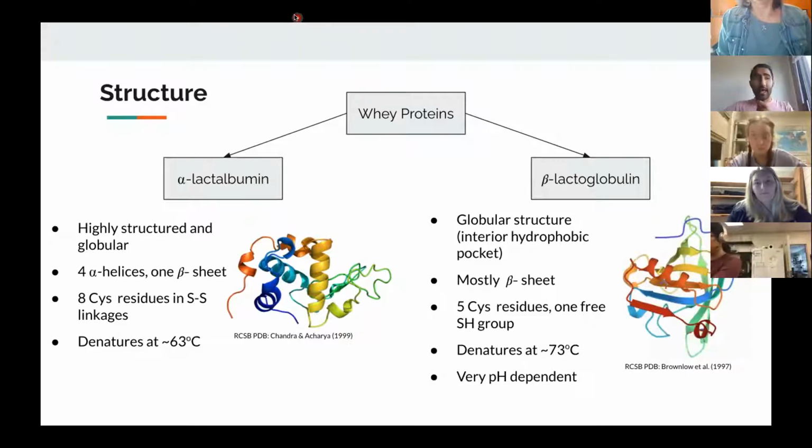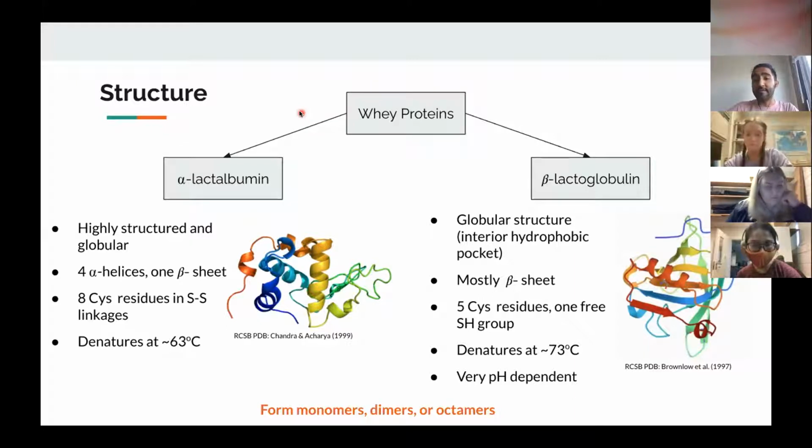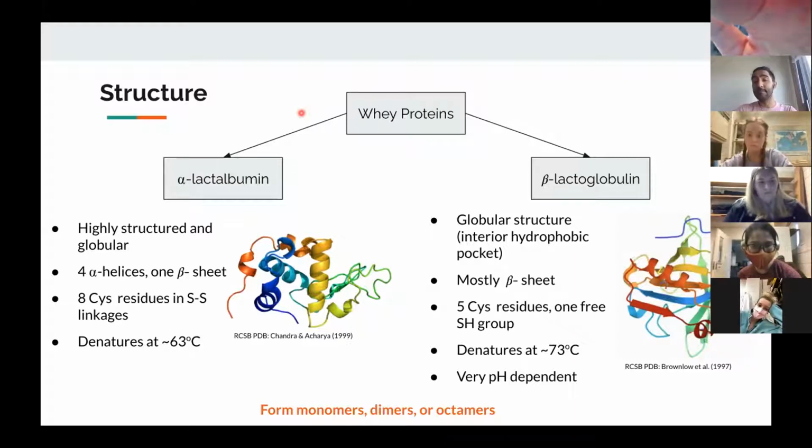In beta-lactoglobulin, they mostly have beta sheets, which give heat stability, and it denatures at 73, while the alpha-lactalbumin denatures at 63. Beta-lactoglobulin has one free sulfhydryl group, and that's a very important functional group in the gelation mechanism. Next.